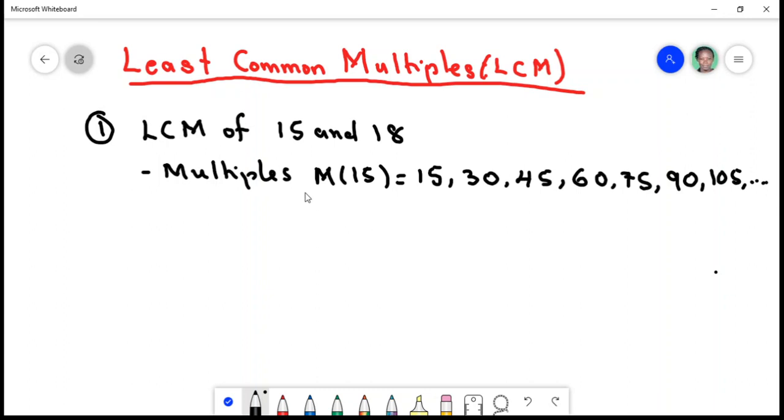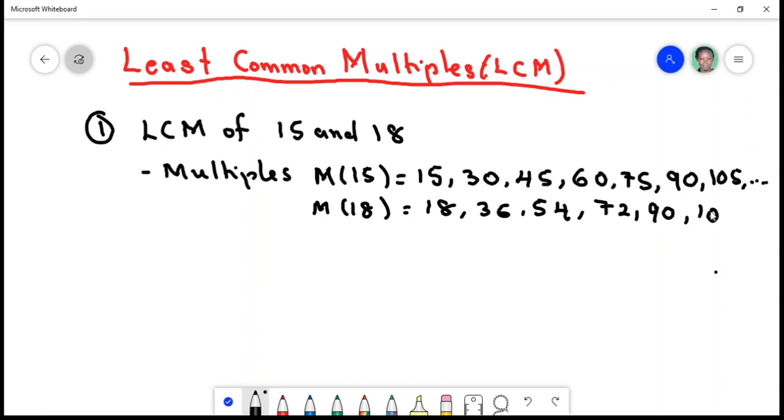Then you continue. Then multiples of 18, you have 18, you add up to get 36, then 54, 72, and 90, then 108. Then you keep on going.